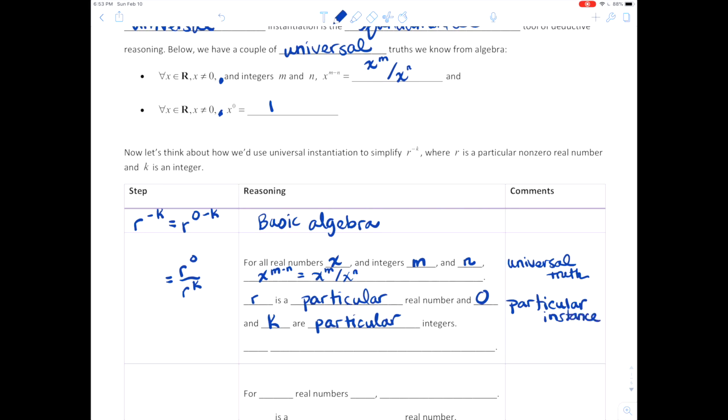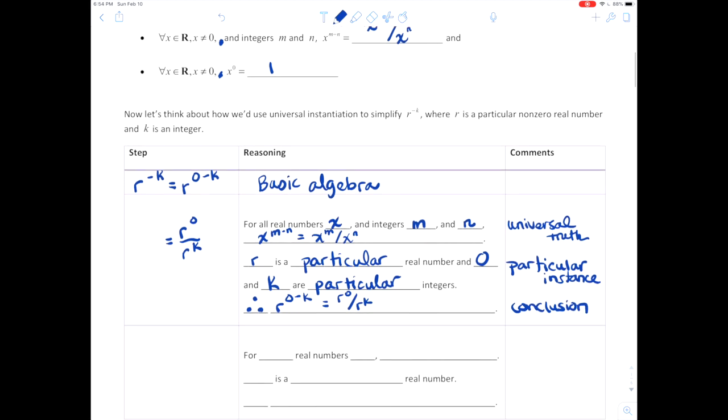And then what is it that we're utilizing for our conclusion? Therefore, r raised to the 0 minus k is equal to r to the 0 over r to the k. And that's the conclusion for that particular piece. Good so far? All right.